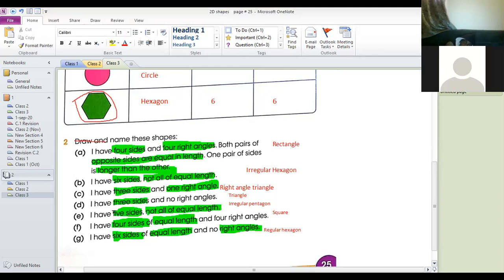Tell me which 2D shape has whatever I'm asking. If there are two shapes, you have to write the two names. If there is one shape, you have to write the name of that shape. Which 2D shapes have four sides? Tell me the answer first in the chat.